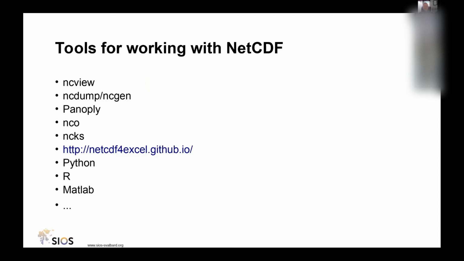Just to give you some overview of some tools that you can use in order to work with NetCDF. There is something called NCView. It's quite old, but it's quite robust as well. I'm not sure whether that actually exists and how well it works for Windows, but it works quite well on Linux computers, at least. NCDump and NCgen are command line tools that you can use in order to go back and forth between the CDL notation and the binary file format.